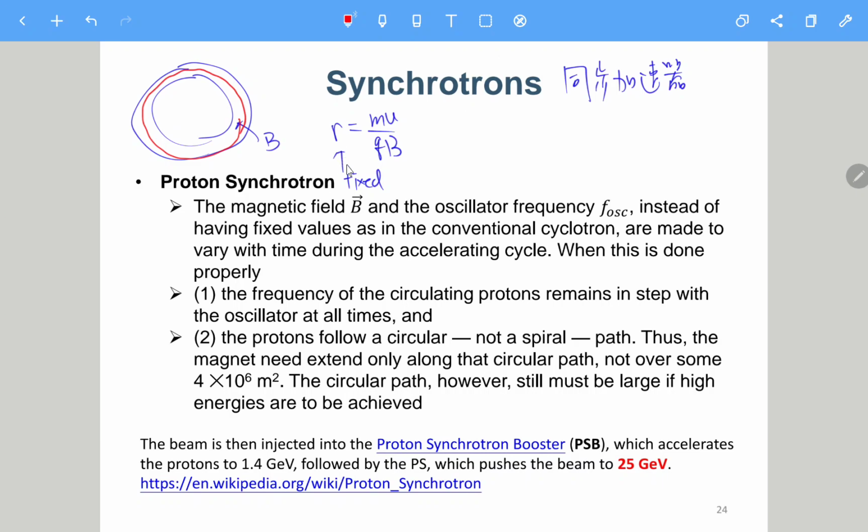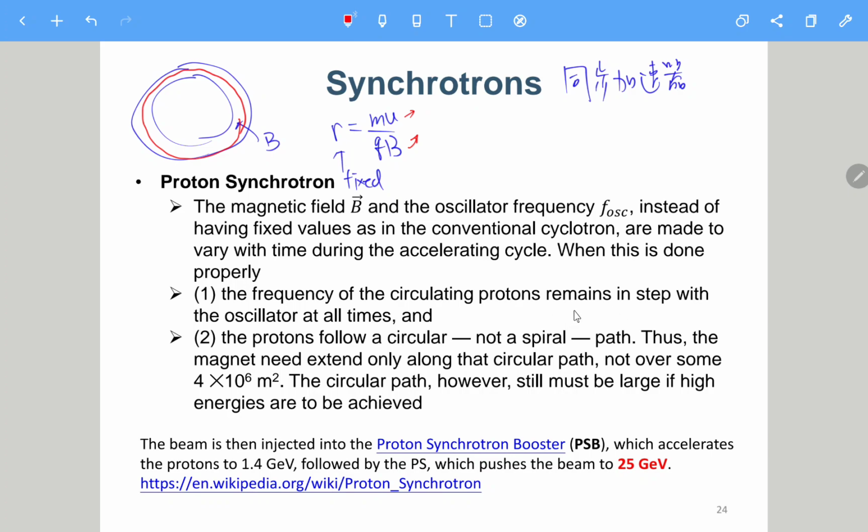So we need to fix the radius, and in that case, the mass doesn't change and the q doesn't change, which means that we need to simultaneously increase the B field and make the v become larger. So we need more complicated control for the B field so that the particle won't collide with the wall of the synchrotron.